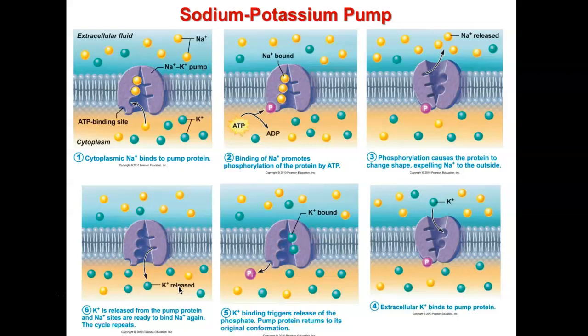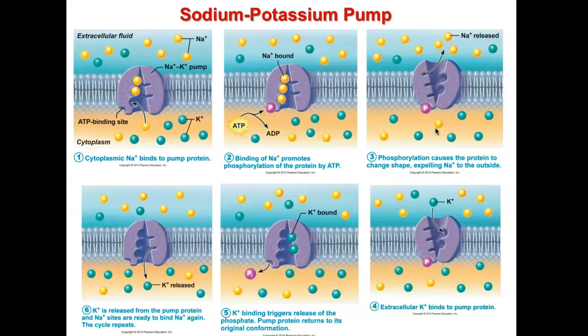So then where do you have most of your positive charges? If 3 sodiums go out for every 2 potassiums that come in, remember you have other ions floating around. You have chloride ions floating around, and chloride is negatively charged. So if you mix all of that in here, what are the net charges on the outside and the inside?